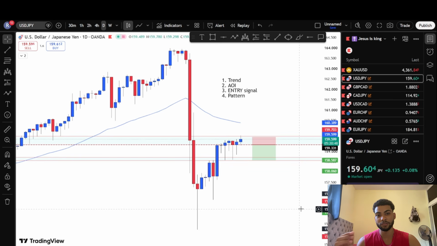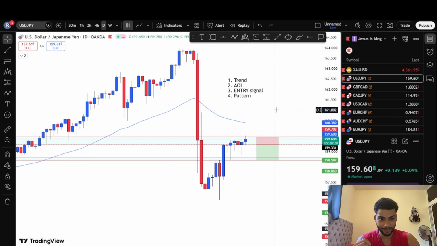It's gonna have a reaction from an area of interest of the weekly and then the daily. The market is going to respect an area of interest on the weekly and then the daily a lot more than it will respect an area of interest on the 4 hour, the 2 hour, 1 hour, etc.